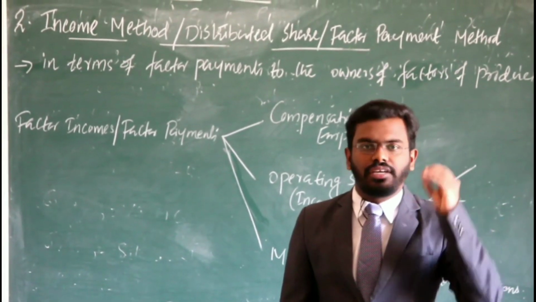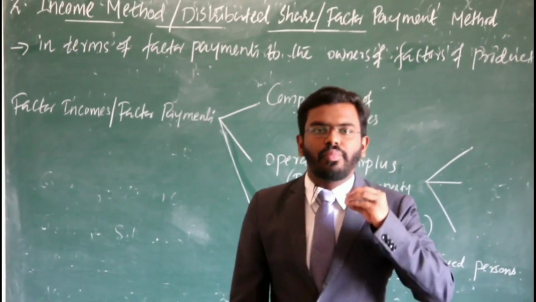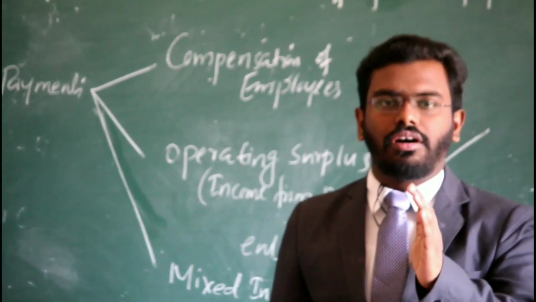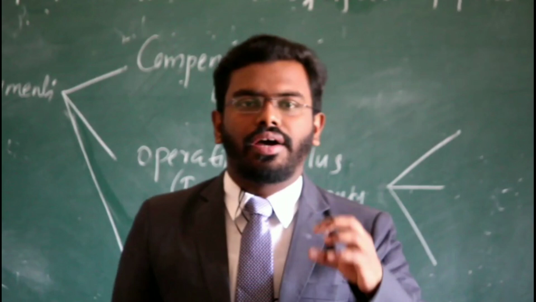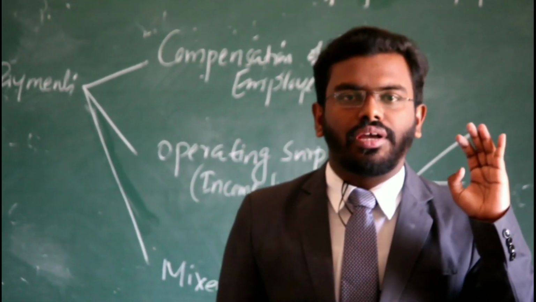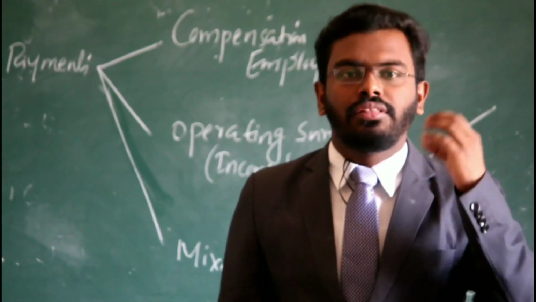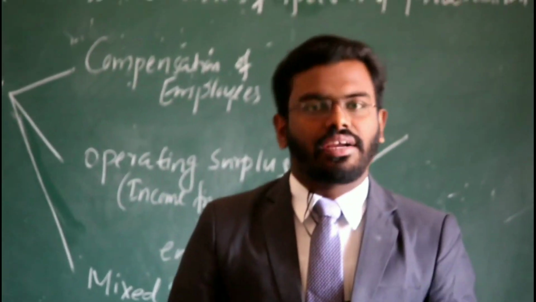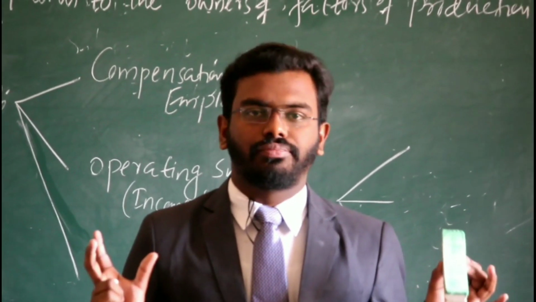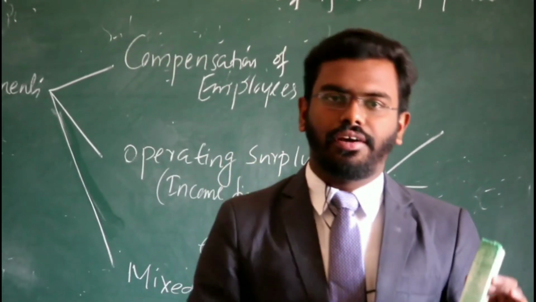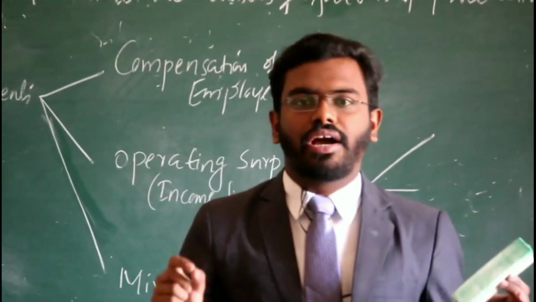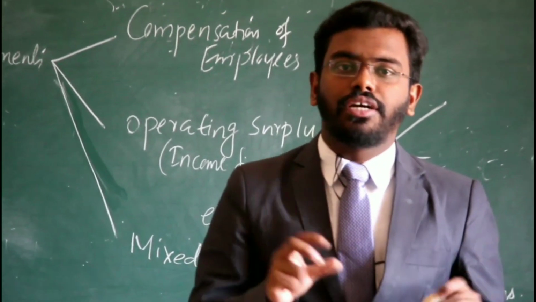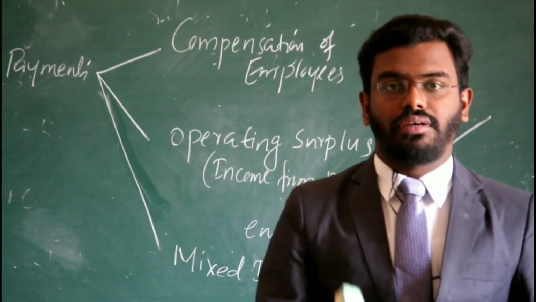So in the income method, national income is the sum total of factor income generated by land, labor, capital and organization within the domestic territory of a country along with the net factor income from abroad. It is a sum total of factor income earned by residents of a country during an accounting year. That is known as national income in terms of the income method.